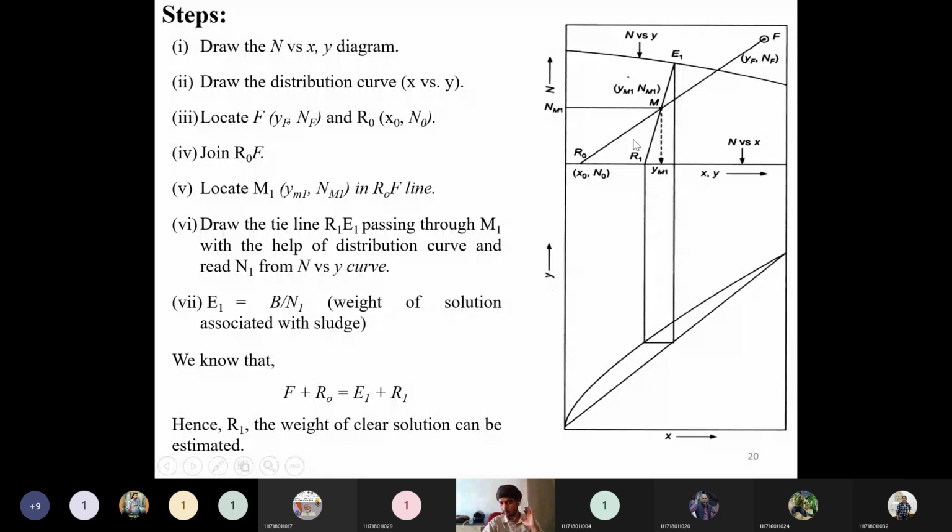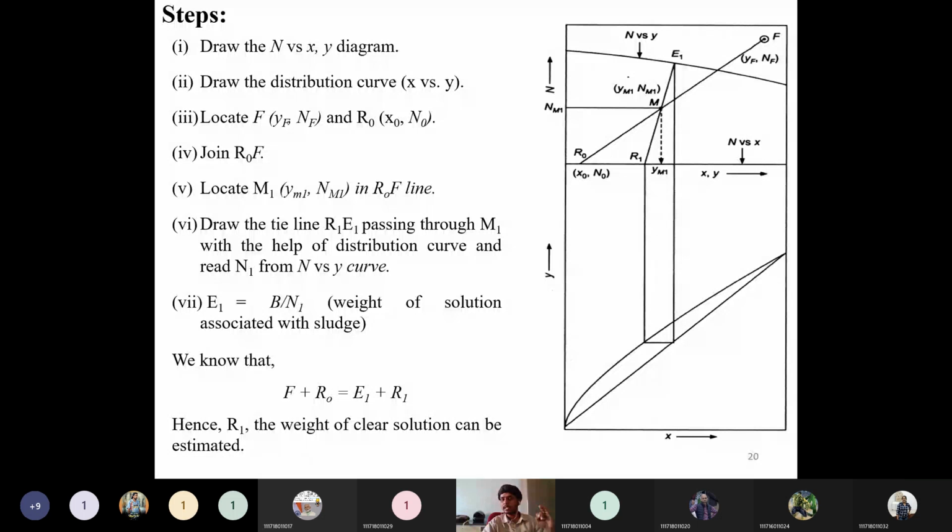If that is not correct, then you have a clue whether you have to move in the right direction or the left direction. Once you have evaluated two guessed points, you come to know where the exact true point is located. After locating it, if your tie line is correct, then you have to estimate the values of y1 and x1. So how to estimate that?